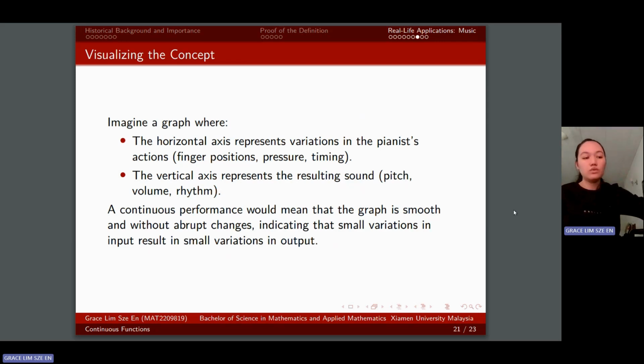The volume will stay within a certain range. It won't be jumping all over the place. So you can take that to be a continuous performance, because small variations in the force with which I press the key will result in small variations in the volume of the sound produced.